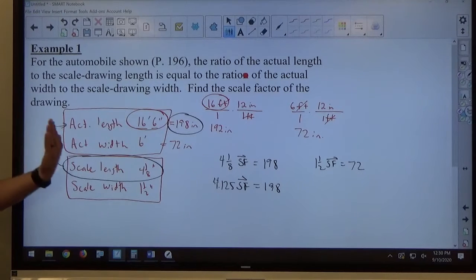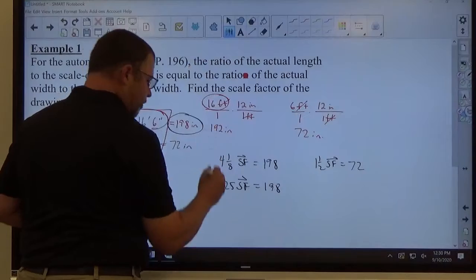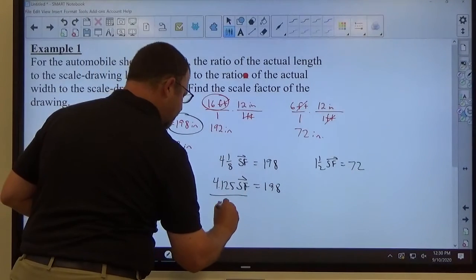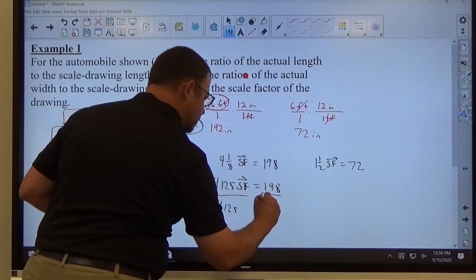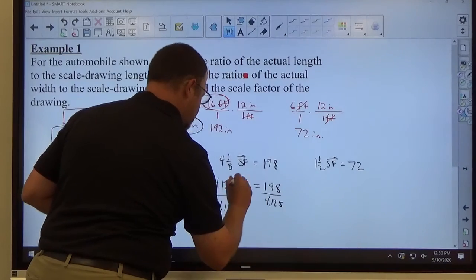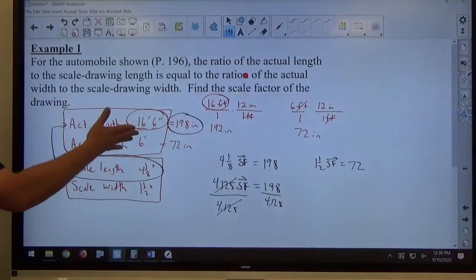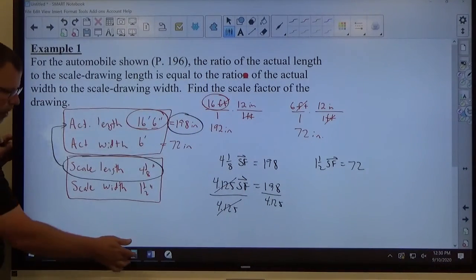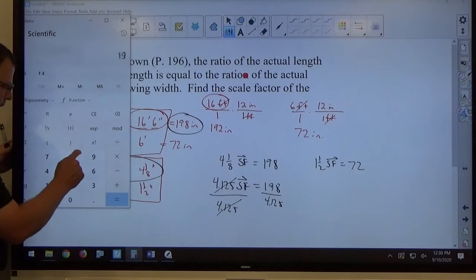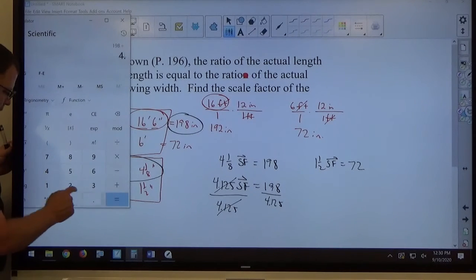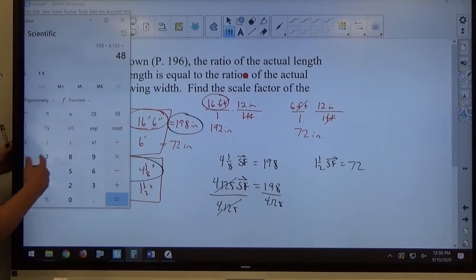When you have something times the unknown equals something else, we divide both sides by the coefficient, which is this 4.125. So again, you create the mathematical structure and then you use a calculator to calculate. So 198 divided by 4.125 comes out to 48.